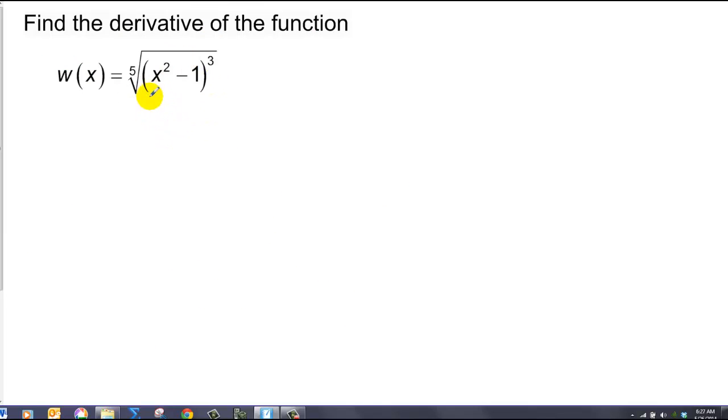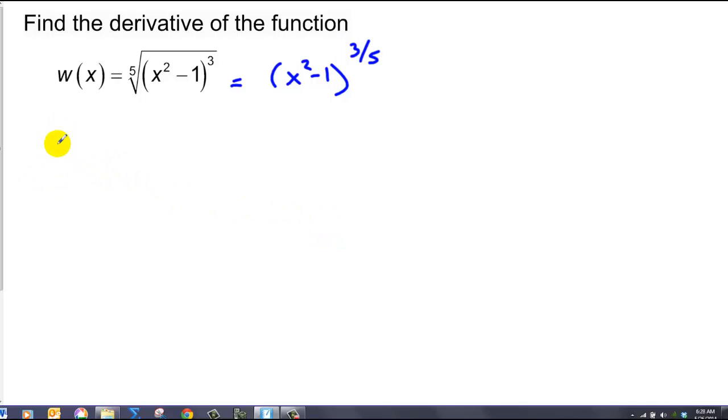So here's another situation where we have a function within a function, although it appears that there's a function within a function within a function, but we can rewrite this so it's just one function within a second function. This is quantity of x squared minus 1. If we remember our rules of exponents, it's all to the 3/5 power.